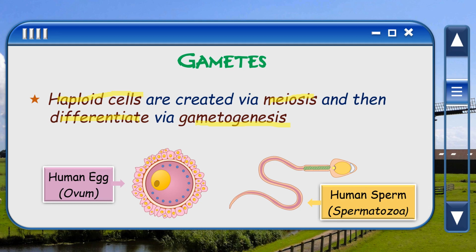After forming these cells, they are going to differentiate into what we call the eggs via gametogenesis.